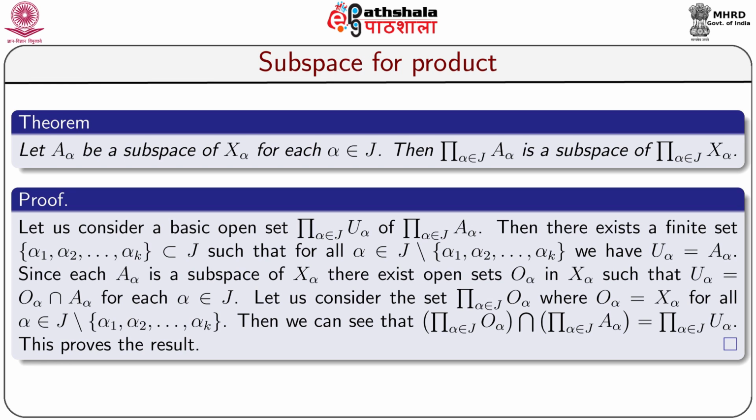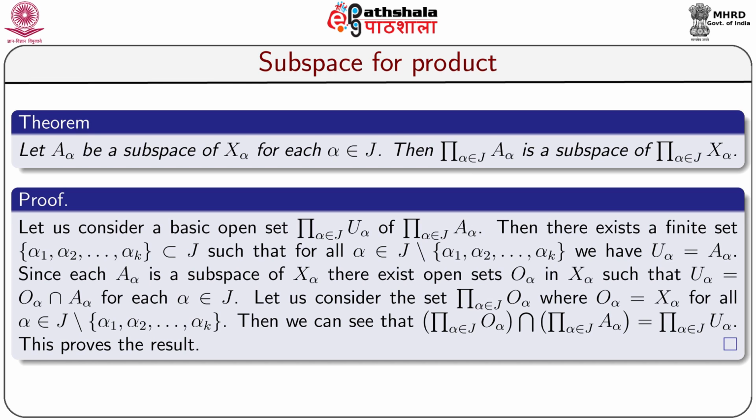Here the product of A alpha is considered as the product topological space of the A alphas. Then there exist finitely many indices alpha 1, alpha 2, ..., alpha k such that for all other alpha not equal to alpha 1, alpha 2, ..., alpha k, we have U alpha equal to A alpha.